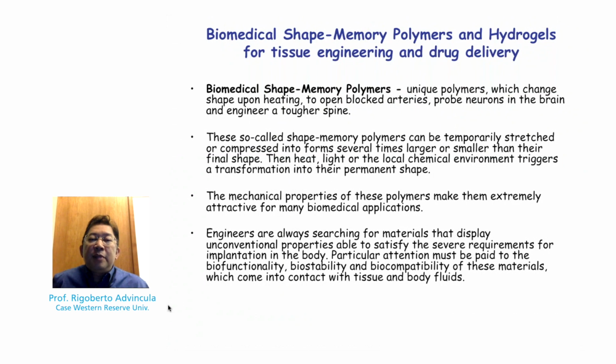Shape memory polymer simply means that the initial shape was formed during the fabrication or formation, and that with temperature and time, it is restored to the final shape or the original shape. Now, heat is just one way of producing that response. It could be in the form of light or even a chemical environment. But shape memory polymers, needless to say, are very important, especially for implants or biomedical application.